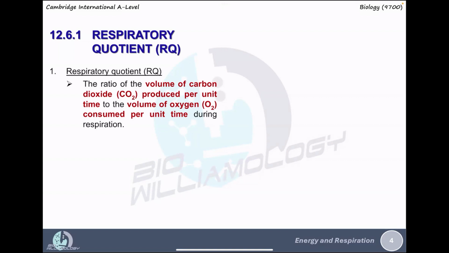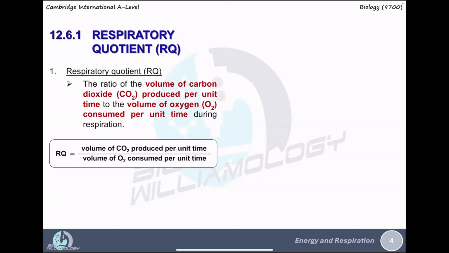Why is it so important? Because when you have a ratio, you must make sure that the duration of time is constant when we measure the volume of carbon dioxide as well as the volume of oxygen. So that's why we must mention here per unit time.